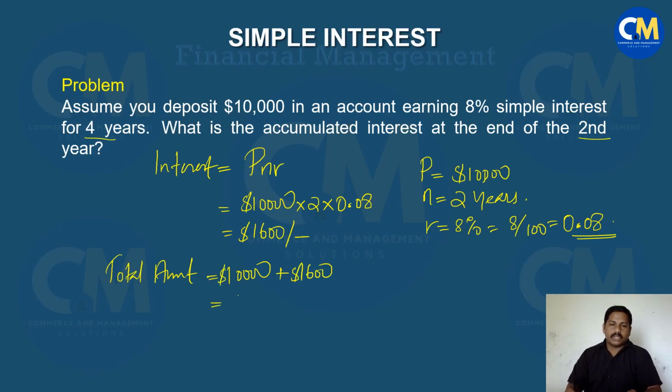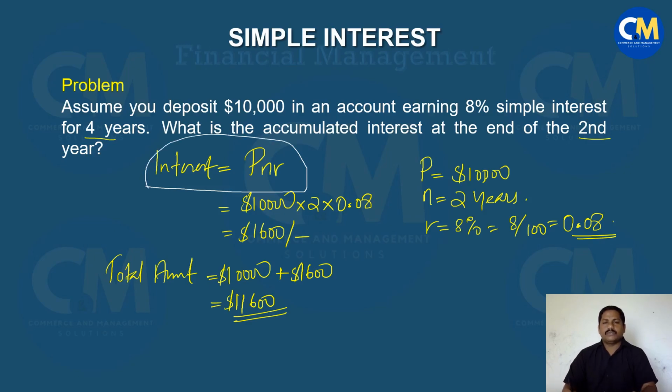Then you will be getting, sorry, not 16,000, $11,600 you will be getting if you are investing 10,000 at the rate of 8% for the 2 years. Hope you are clear on how to calculate simple interest. It is very easy. If you remember this formula, interest is equal to PNR, you can easily calculate the simple interest.